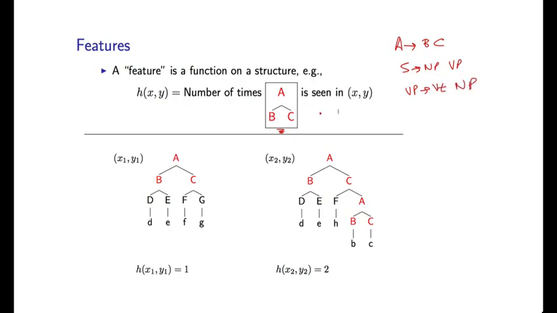Okay, so we could have a whole number of features which track counts of different rules in our grammar. So in this particular example, if I define h(x, y) to be the number of times the rule A goes to BC is seen in the structure, for this particular tree we'll return the value 1, and for this tree we'll return the value 2, because we have two instances of this rule here and one instance of this rule here.